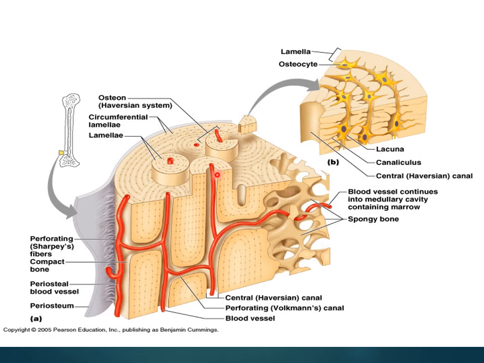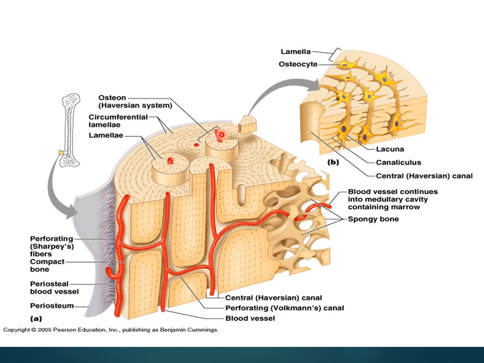Now this is showing you the typical pattern of the Haversian system of a compact bone, in which you can see these cylindrical osteons, and these osteons are located in the bony cortex mostly.